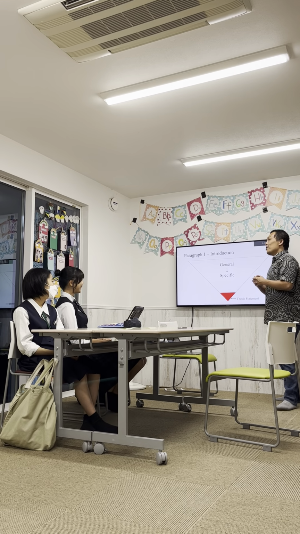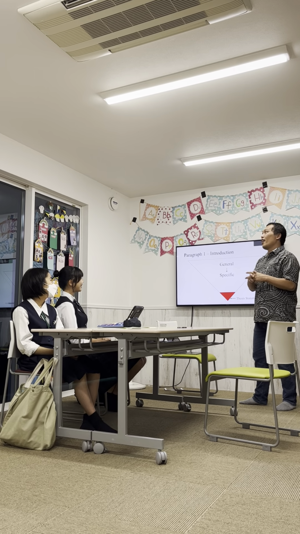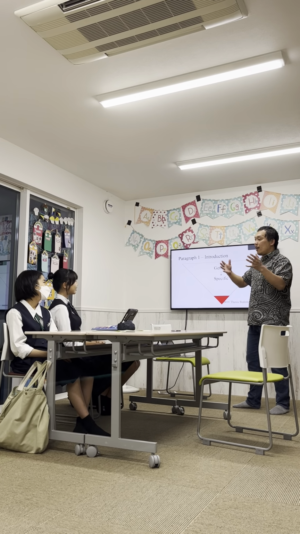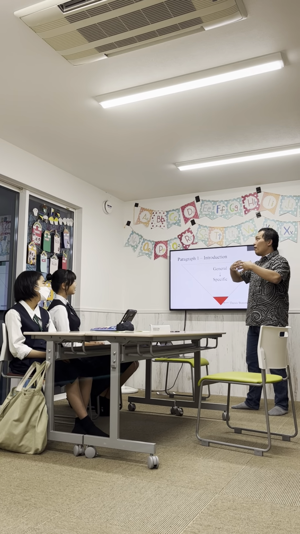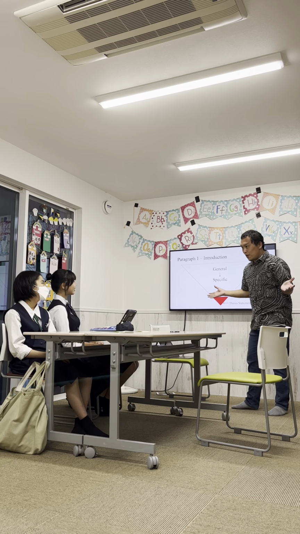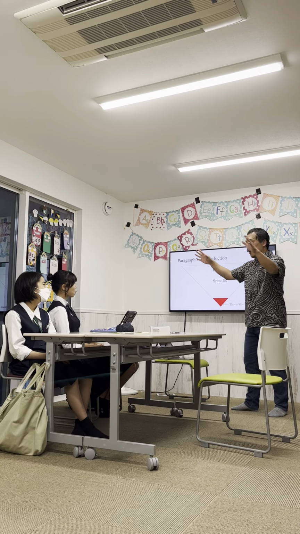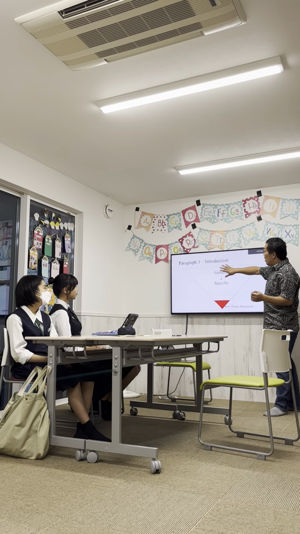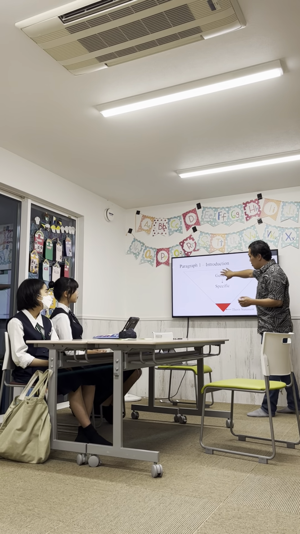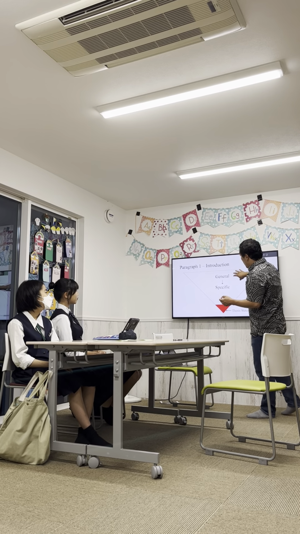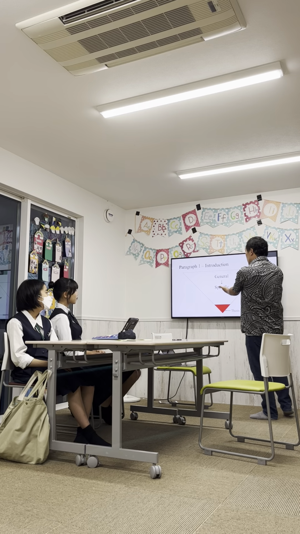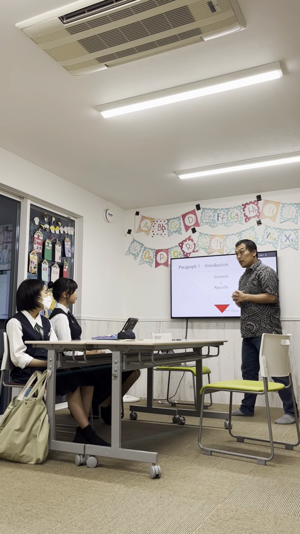So general means very wide, and as you say, it's for a lot of people, like in general. So you can start your paper and your introduction very general. Then you try to narrow down your topic or focus.